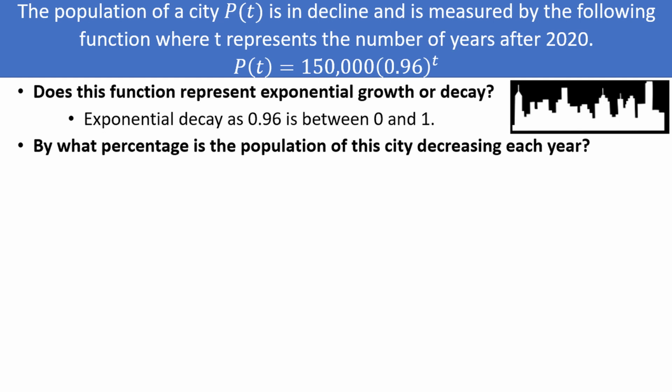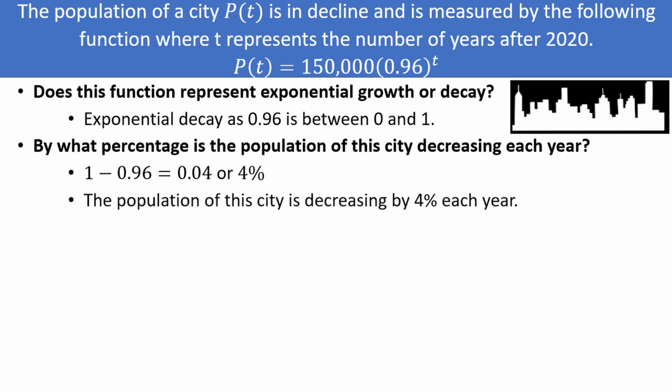Another way to think about it is to take 1 and subtract 0.96, which would give you 0.04. The percentage equivalent of 0.04 is 4%. So that means the population of this city is decreasing by 4% each year.